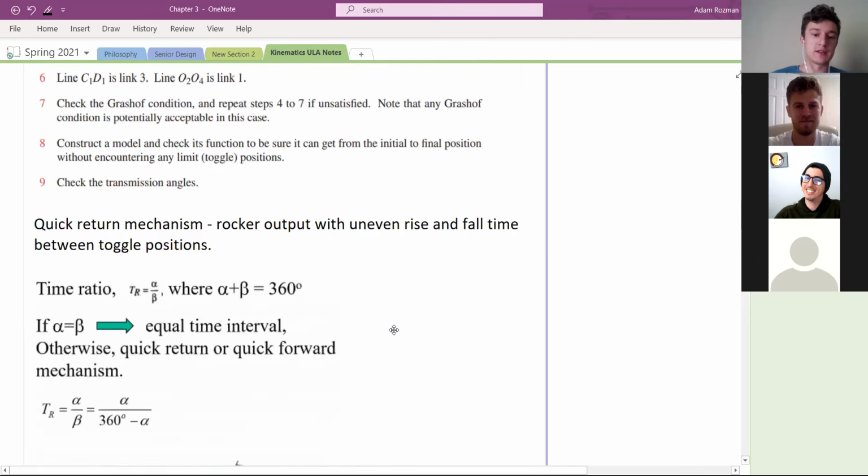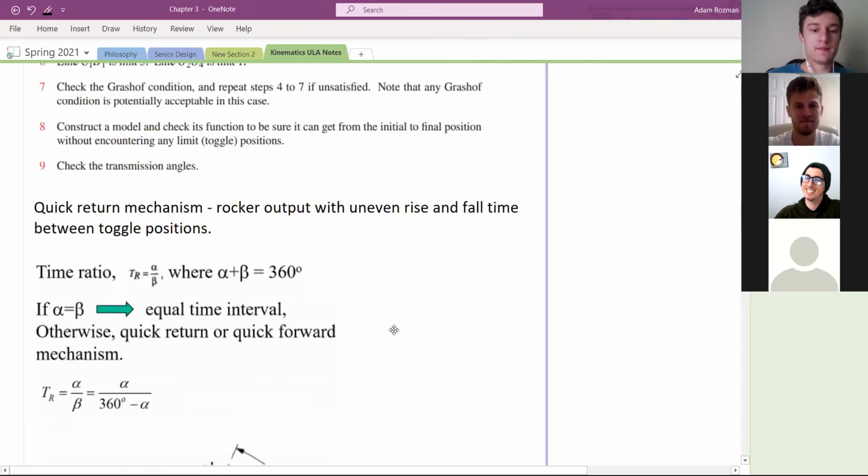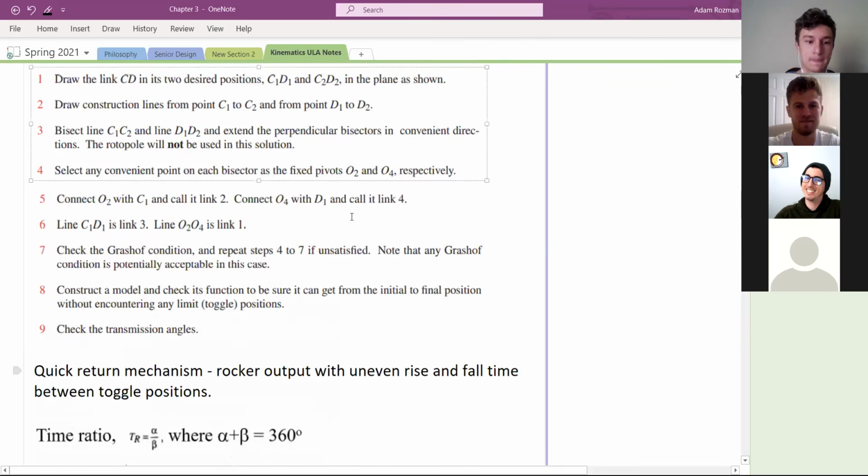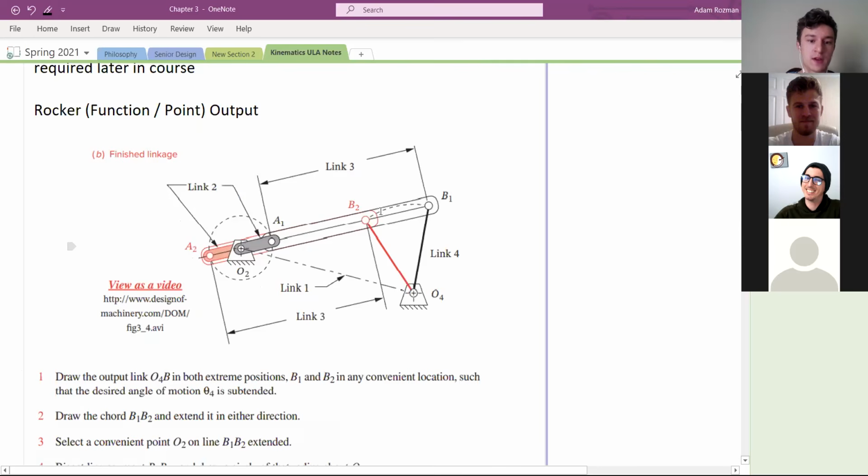So a quick return mechanism is basically just a rocker, except it has uneven rise and fall time between the toggle positions. Here, when we're generating the rockers, because the crank is basically in line with the line you draw between B1 and B2, it's a time symmetric motion.